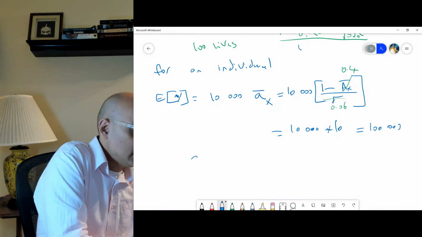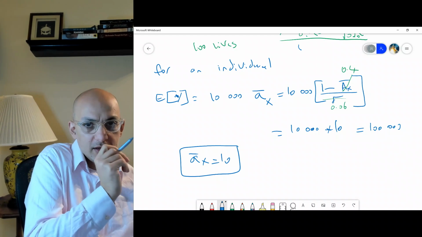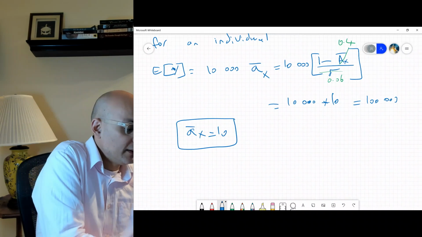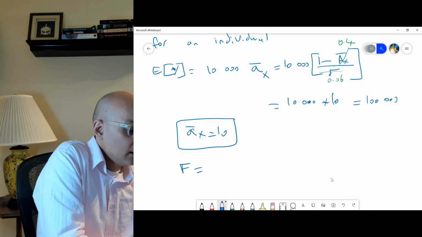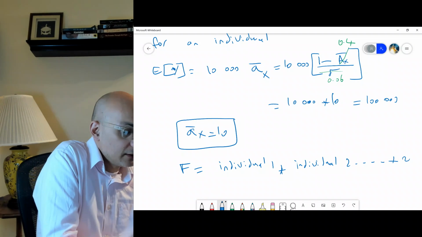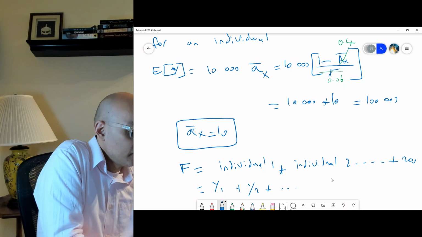So AX here, just to keep it aside. But this is what we got for one individual. So for the whole fund, let's call the fund individual 1 plus individual 2 up to like 100, or this will be Y1 plus Y2 plus.